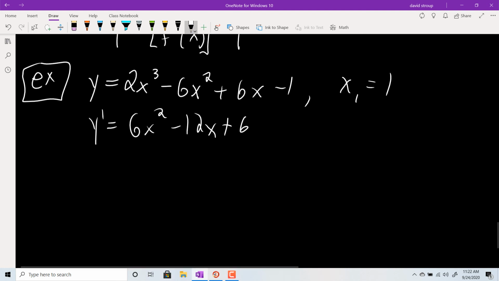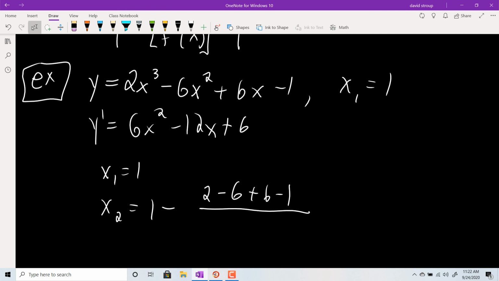And then x1 is 1, and x2 will be 1 minus: plug 1 into y, so you get 2 times 1 cubed is 2, minus 6 times 1 squared is 6, plus 6 minus 1, all over 6 times 1 squared is 6, minus 12 times 1 is 12, plus 6. And that'll be 1 minus 1 over 6, 12, oh, 0.